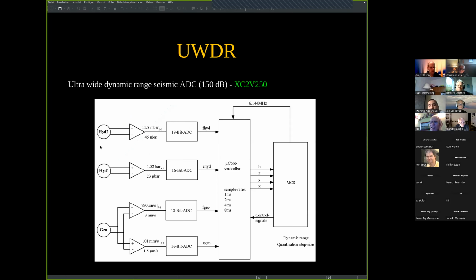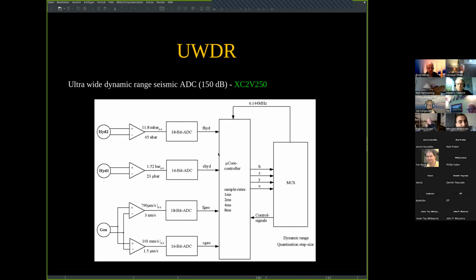So this is the block diagram. We have 2 channels for the hydrophone, 2 channels for the geophone. And then we have, again, a Xilinx XC2V250 that combines all these channels, and especially the most computing power of the FPGA is taken by finite impulse response filters that produce the different sampling rates, because these ADCs work at standard speeds and always the same.